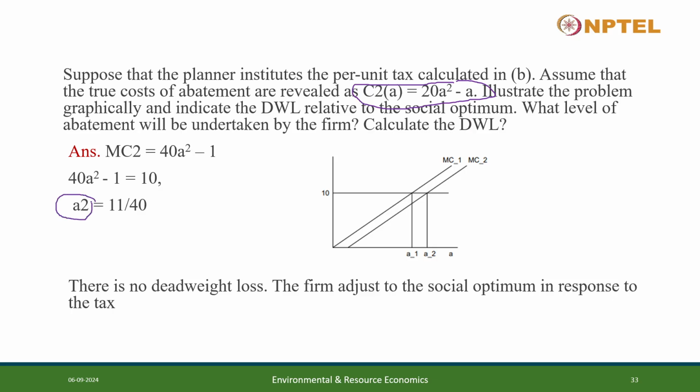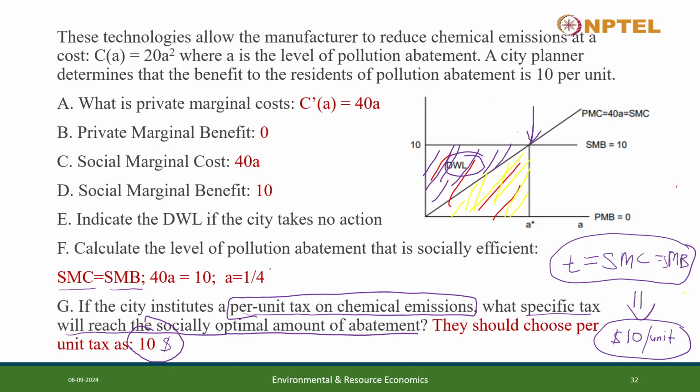A2. So in the previous case, the level of abatement is 1 by 4, right? We get this A by equating 40A equals 10, because we are equating social marginal cost with social marginal benefit. So this point where I have written the arrow will be the abatement level.